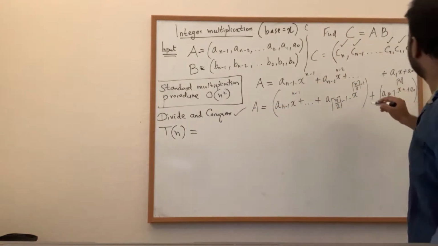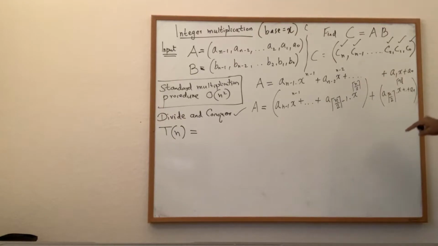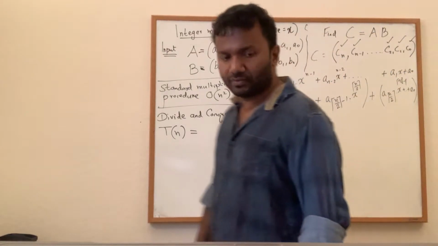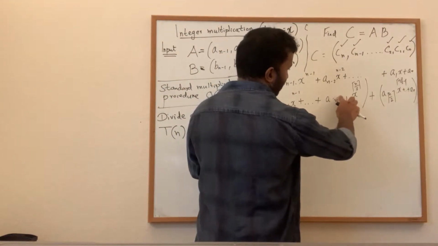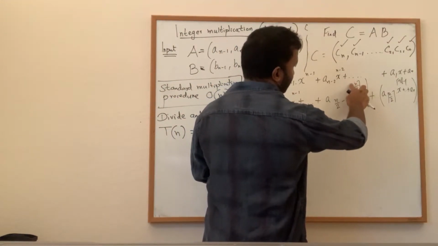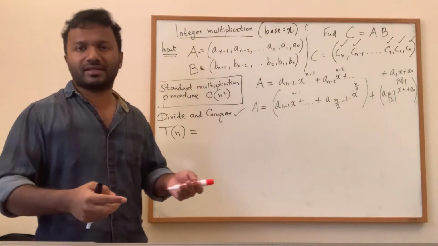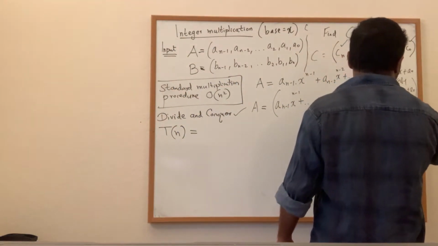So I'll just remove this ceiling. It looks pretty ugly, but you got the point. Basically, I want to deal with the scenario where n is odd or even. So let's assume that n is even for now.